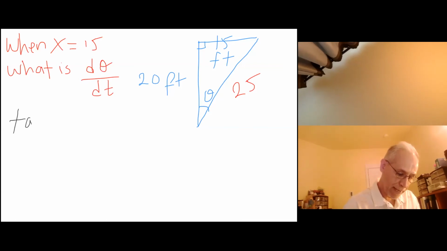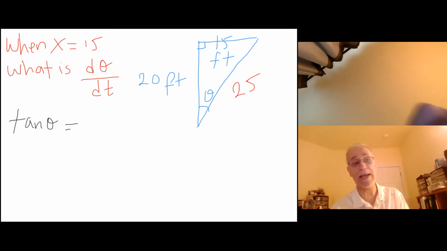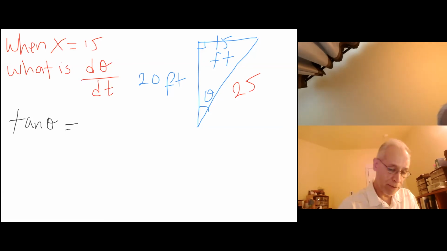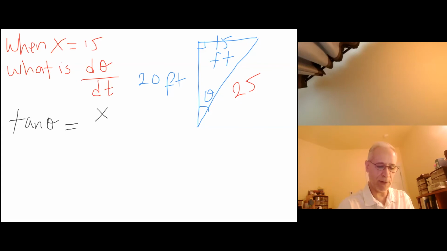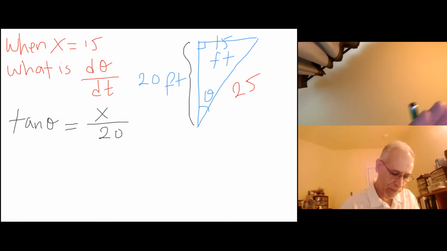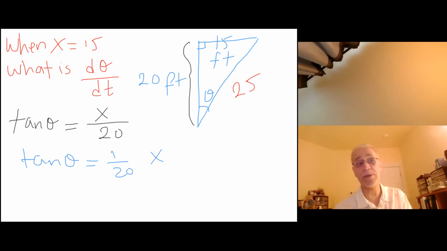So tangent of theta equals the side opposite, which is x, because remember he keeps moving, x is changing, divided by the adjacent. The 20 is not changing. This 20 feet is fixed. And it's easier for me to look at this as tangent of theta equals 1/20th of x for the purpose of taking the derivative.